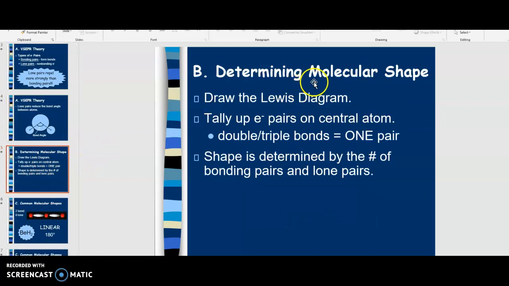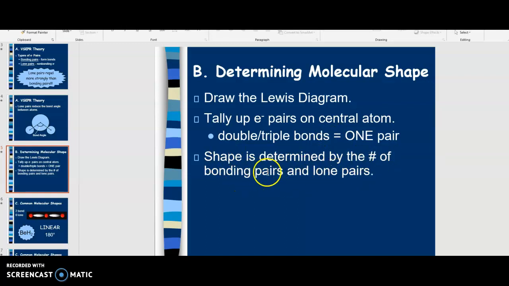Okay, so when you're determining molecular shape, you draw the Lewis diagram, you count up the electron pairs on the central atom, and double and triple bonds only count one time. I'll explain that more fully as we go through some examples. The shape is determined by comparing the number of bonding pairs to the number of lone pairs.